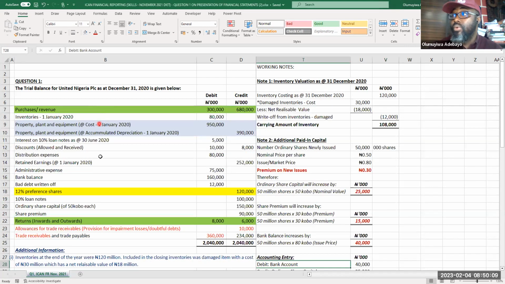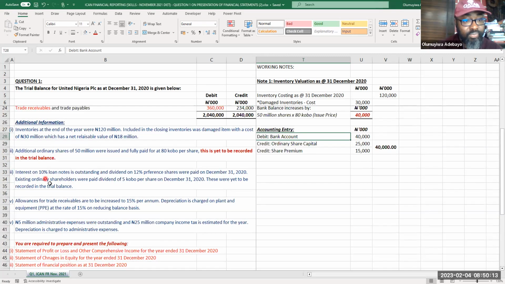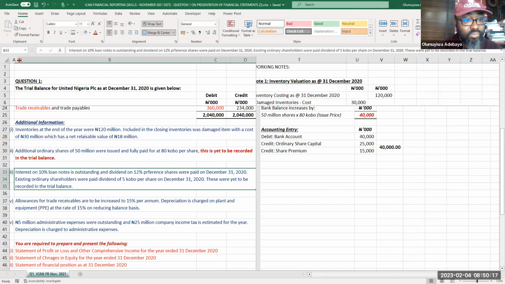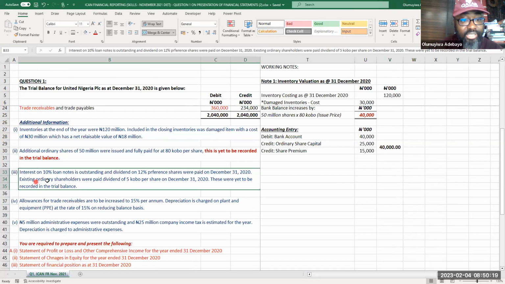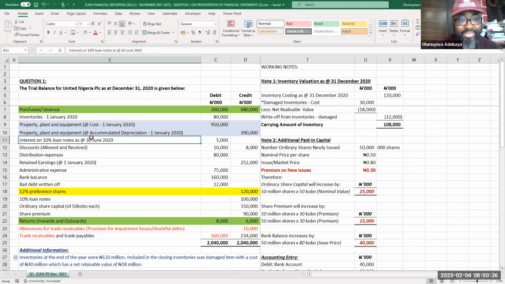Now, the third adjustment is that interest on loan is outstanding. Why is it outstanding? Remember, I explained something here. The interest here was only accrued for 6 months based on these dates and the year end.